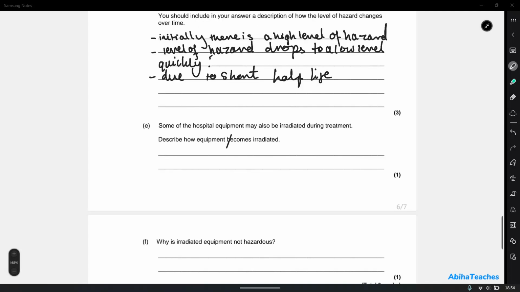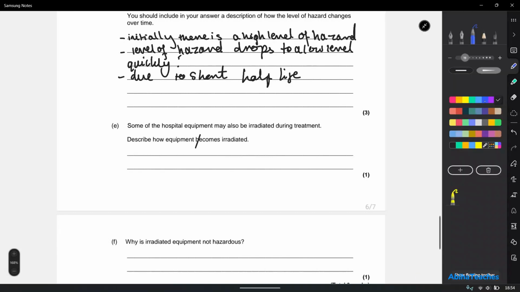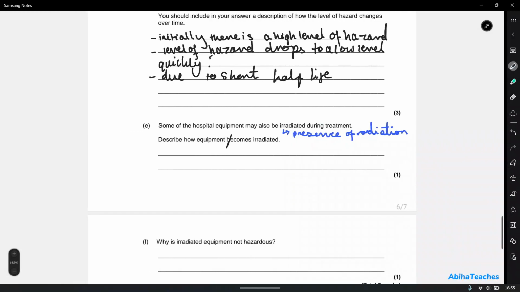Some of the hospital equipment may also be irradiated during treatment. So, to quickly explain what irradiation actually is, it is simply when you are in the presence of radiation. Just because something has been irradiated does not mean it is contaminated.